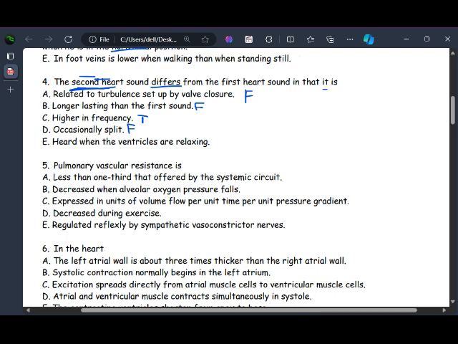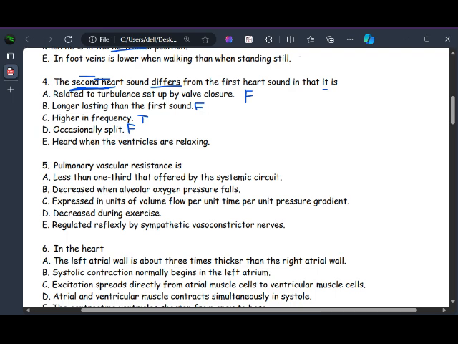Remember that when blood is being ejected, it happens at the same time. Both ventricles are supposed to contract at the same time.